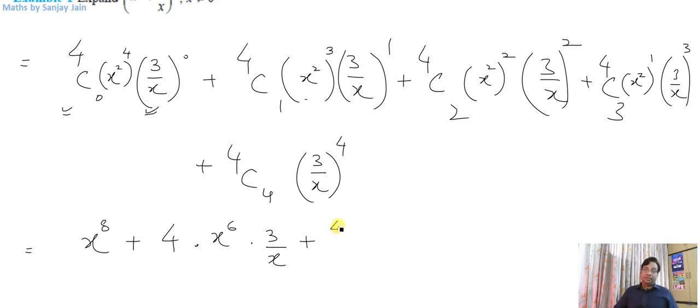In the next step we will write it in simplified form. (x^2)^2 is x^4, (3/x)^2 is 9/x^2, plus 4C3 which is nothing but 4C1, which is 4. (x^2)^1 is x^2, (3/x)^3 is 27/x^3.